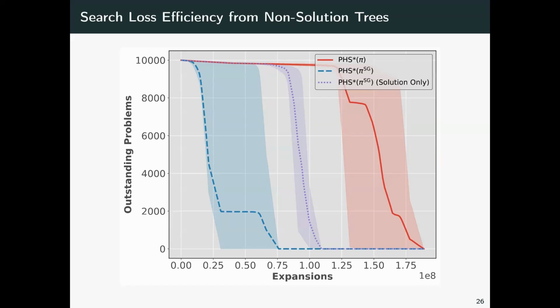So what we're looking at here is, again, the search loss during training. Red is when we have PHS. Purple is when we have PHS using our policy formulation, but we don't learn from non-solution trees. So when you don't have a solution, we'll still build the graph and figure out the metrics, but we're not going to make use of any of that training data. And then blue is when we also include that we are allowed to train from the non-solution trees.